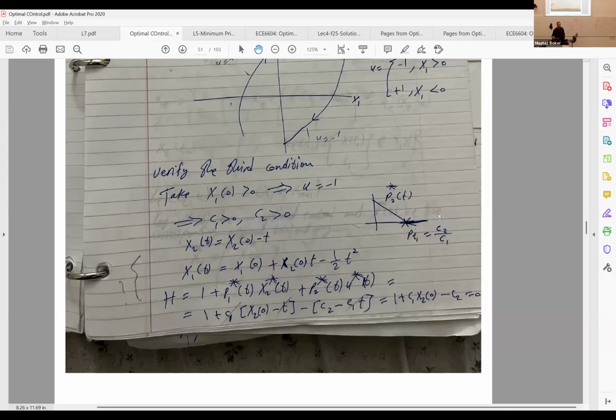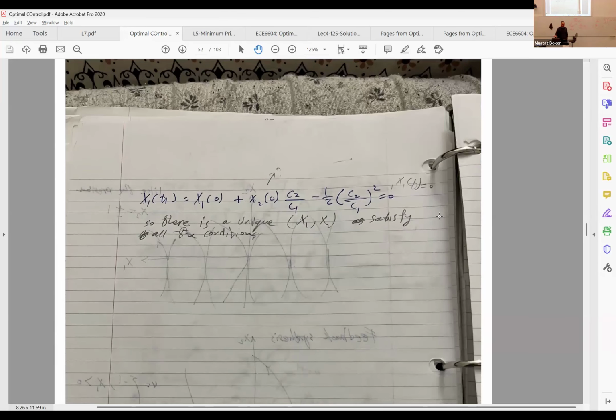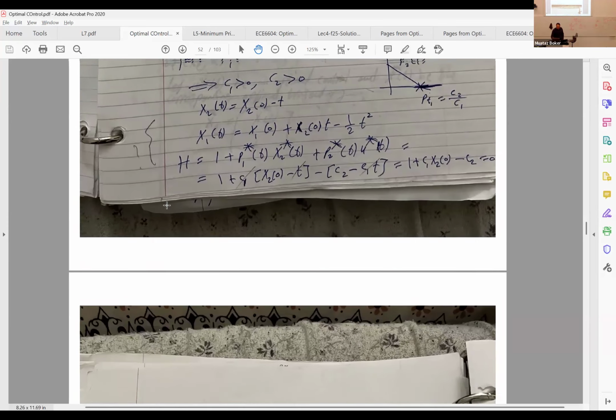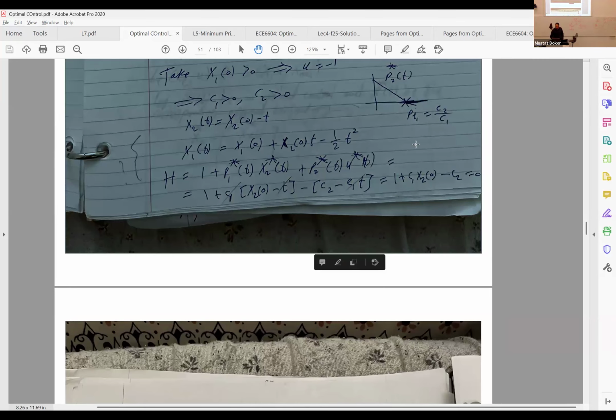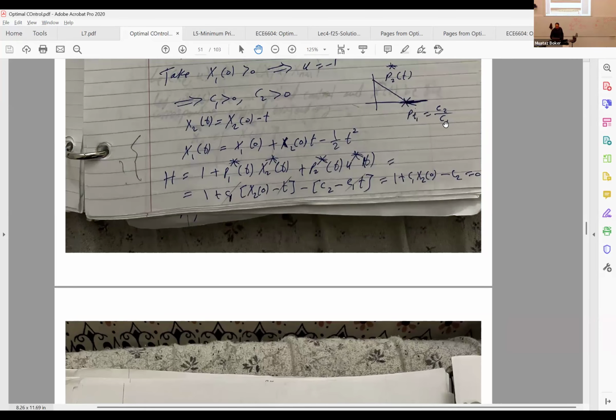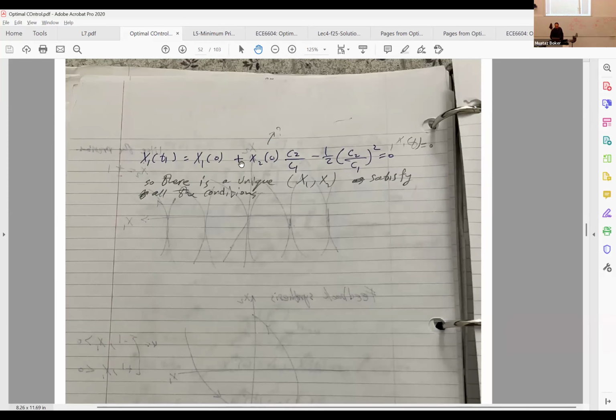The other thing is we want to optimize the problem, but also achieve the final condition. The final condition is X1 of t1 needs to be equal to 0. So plug in t1 here, and we know that t1 is equal to C2 over C1. So plug in C2 over C1 here, and you end up with this equation, with C2 over C1 and C2 over C1 squared.